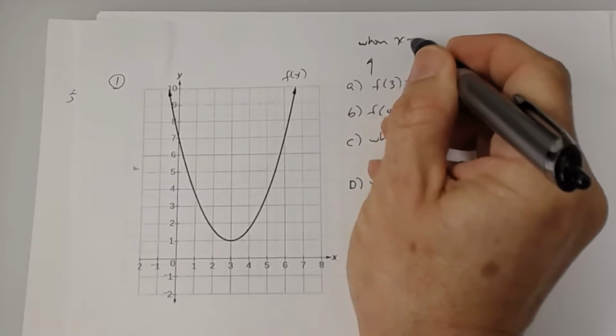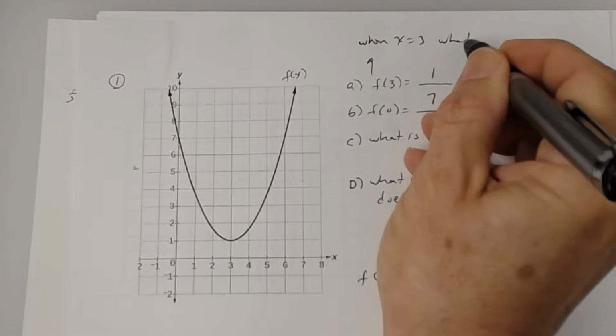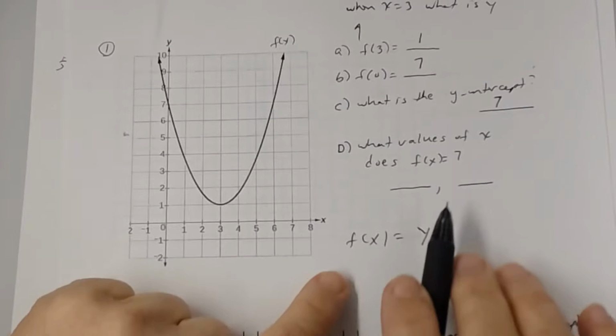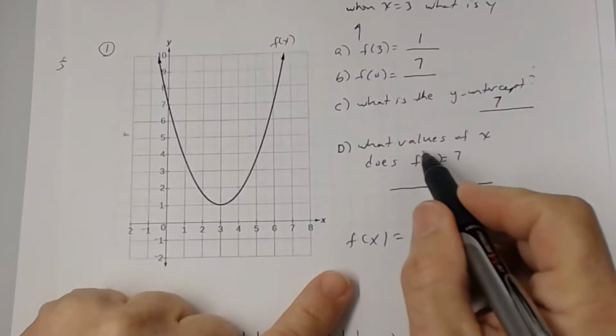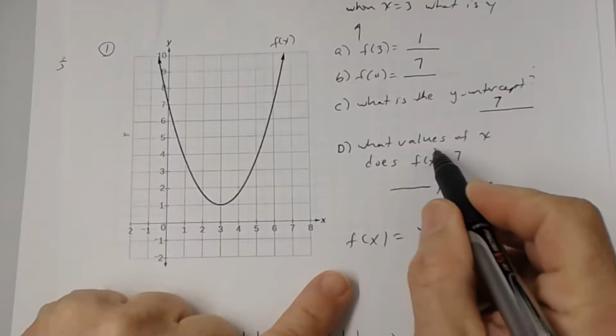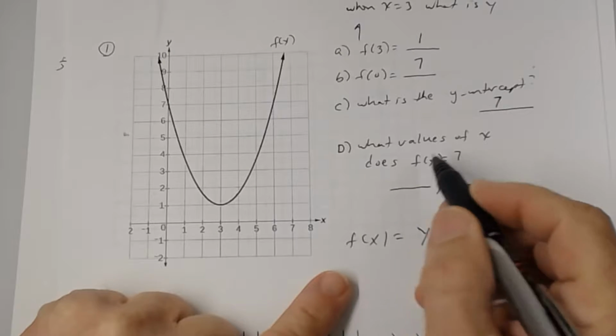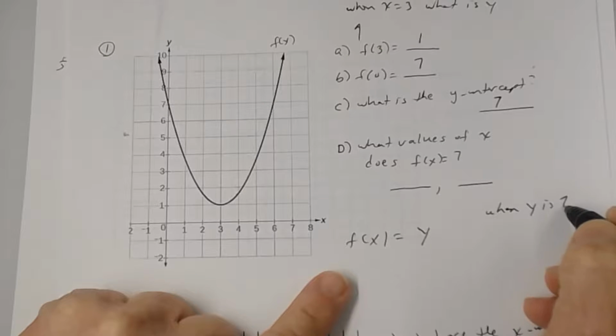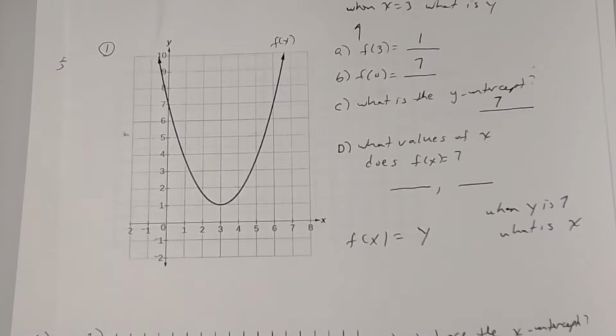So when x is 3, what is y? That's what you're asking. Here, you're asking what's f of x? 7. No, what does f of x stand for? Y. So here you're asking when y is 7, what is x? So you're trying to find x here.